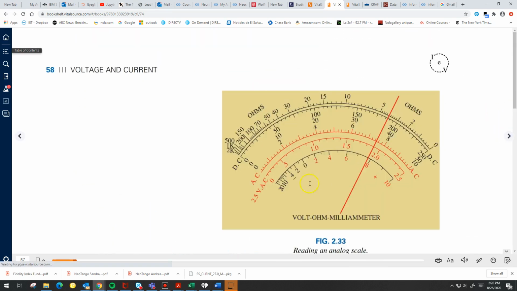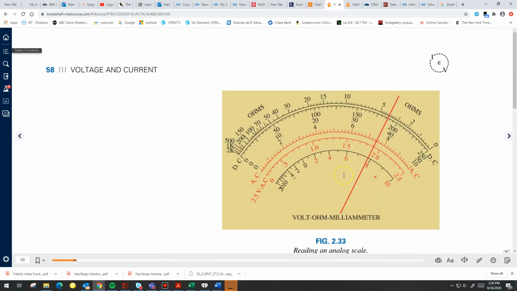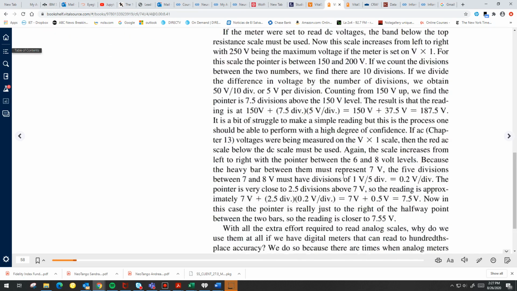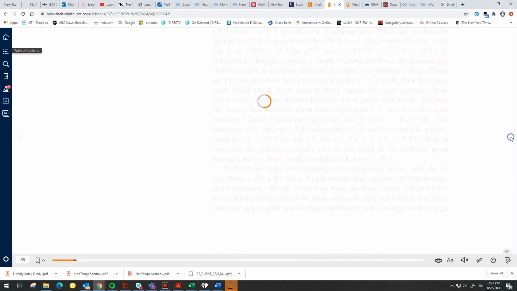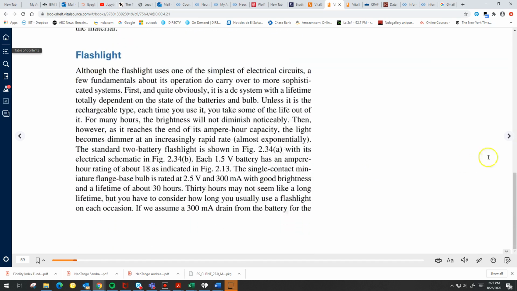This is a picture of the display for an analog meter. That's not what we're going to be using. We're going to focus on digital multimeters, which are what's used to measure, among other things, voltage and current.